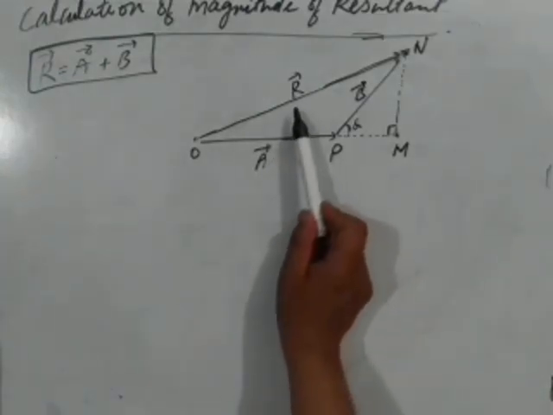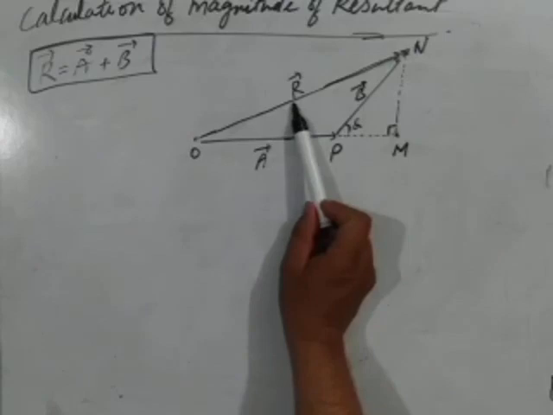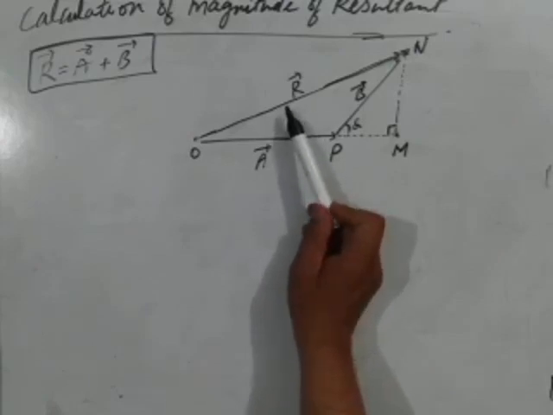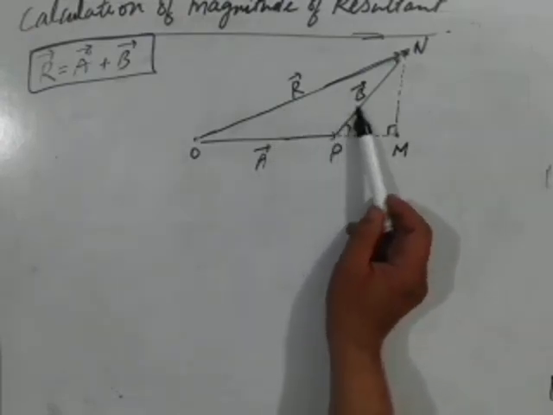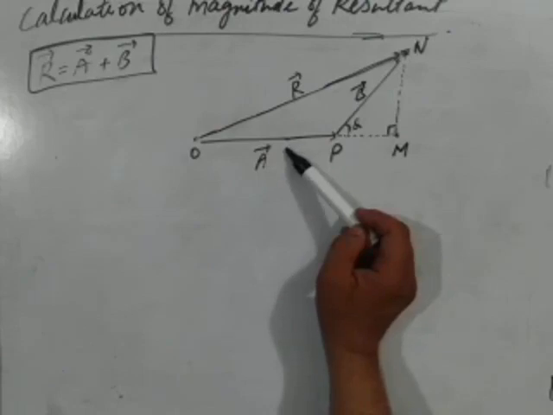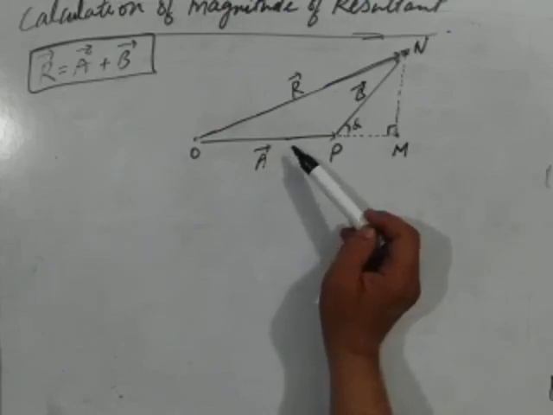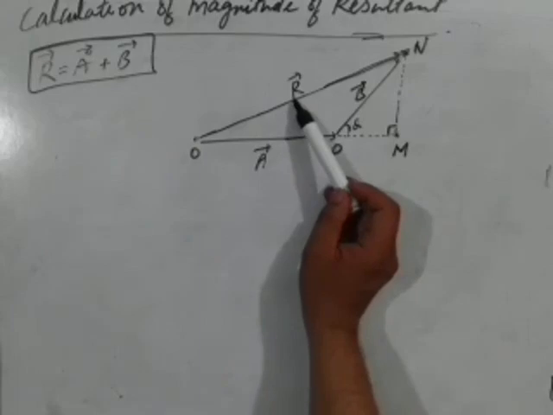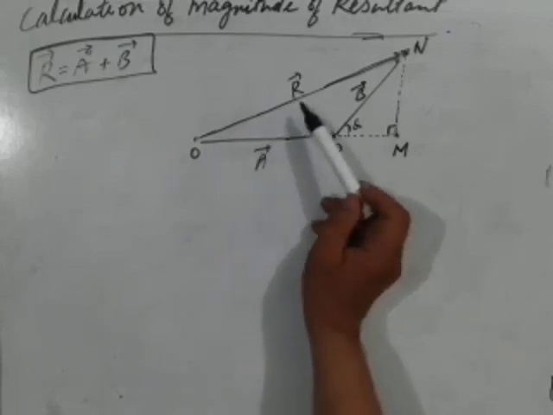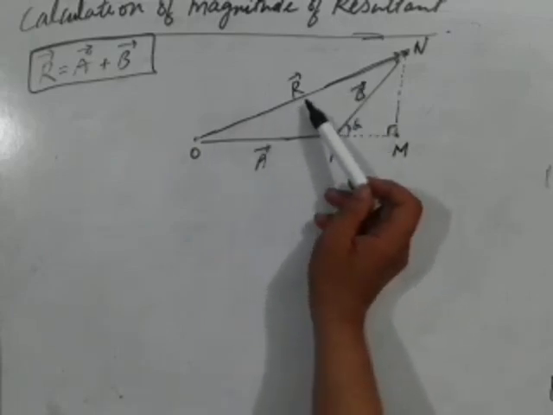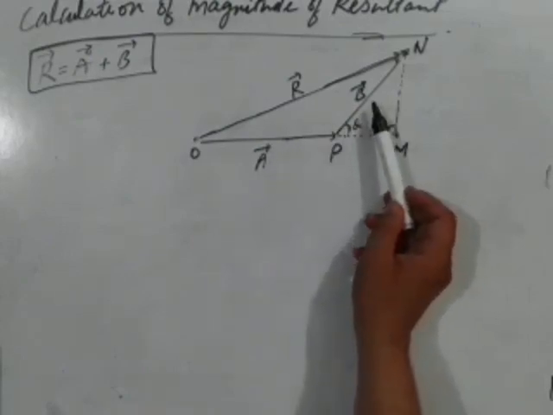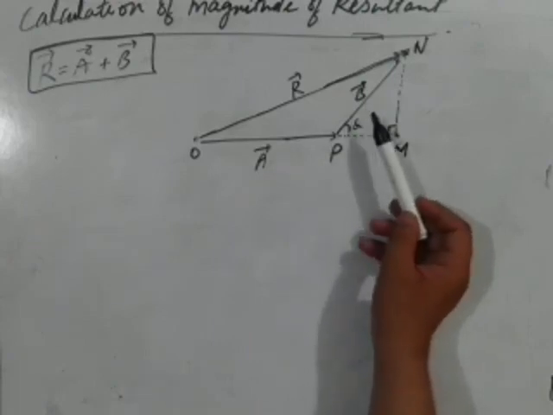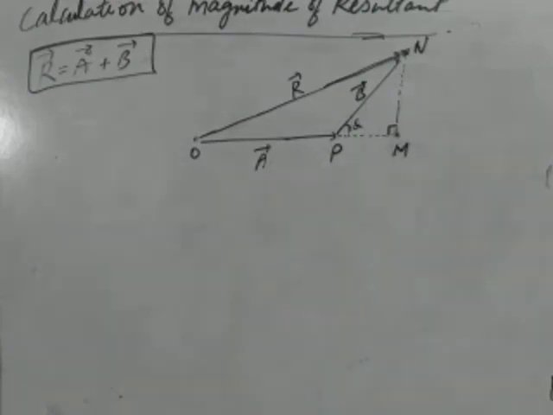Resultant is a vector which represents the effect of the given number of vectors. Again, I will repeat. Resultant is a single vector or a single quantity which represents the effect of the given number of vectors on an object, applying on an object.